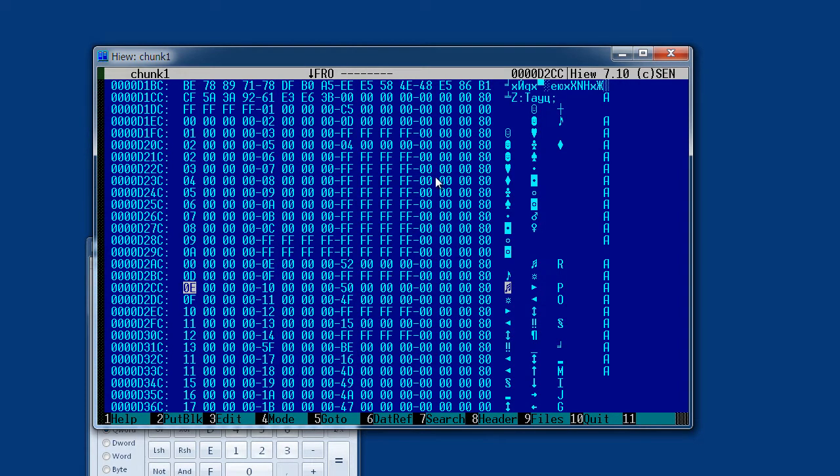But in this game we see some flags here and something. Maybe this can be a mirror bone, and this may be an end of bone chain or something. Sometimes it contains a list of children, but we only need this first number, a parent index, to build the skeleton.